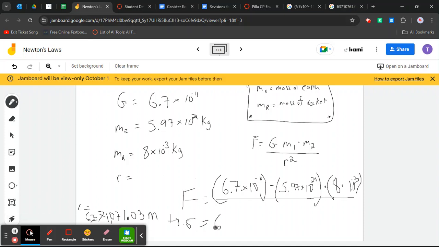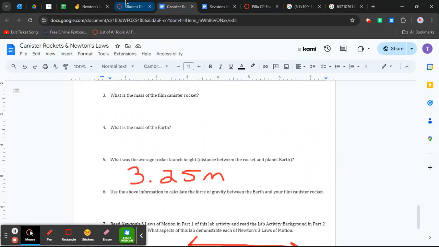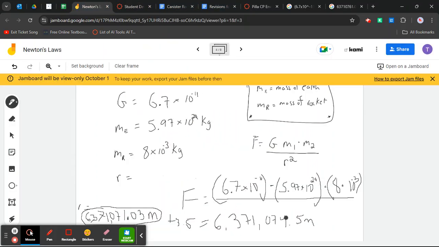That is 6,371,074.53 meters. Okay, so that is what the R is going to be. It is going to be this number plus your height from your paper, your average height. And that's what goes on the bottom here, except look, it has to be squared. So we will square that.